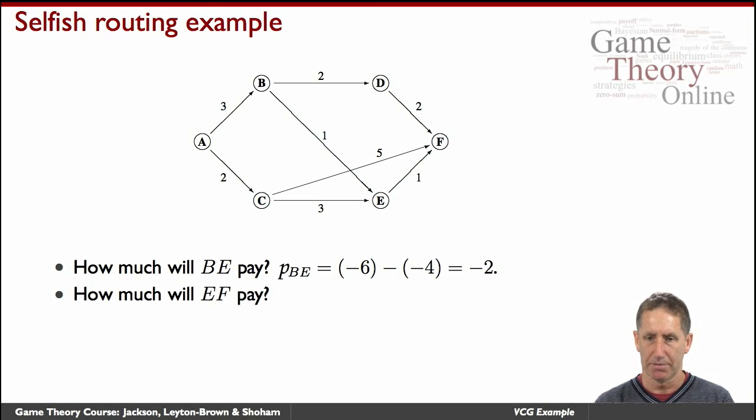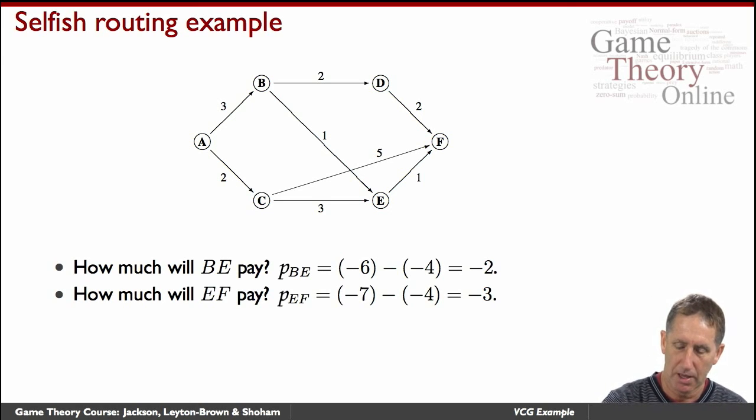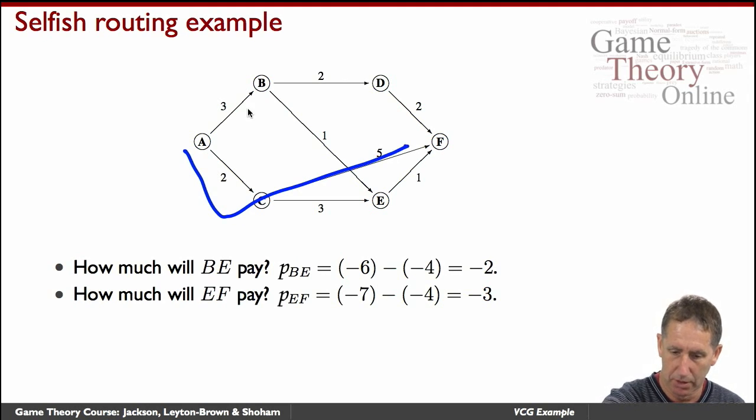What about EF? Same sort of calculation, although the outcome would be a little different, because in their case, they will be getting a payment of 3. Why is that? Well, without them in the picture, this would no longer be the shortest path. The shortest path would have a cost of 7, whether it's this one or this one.